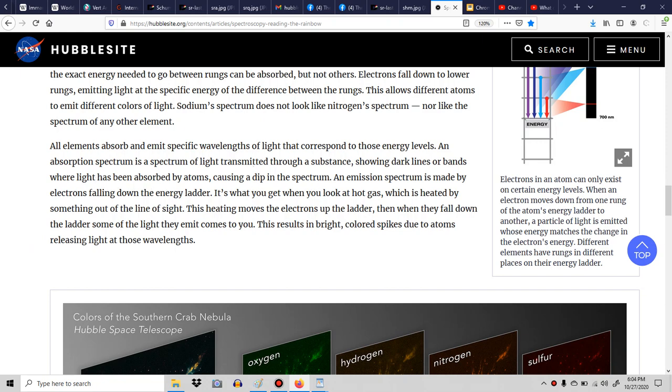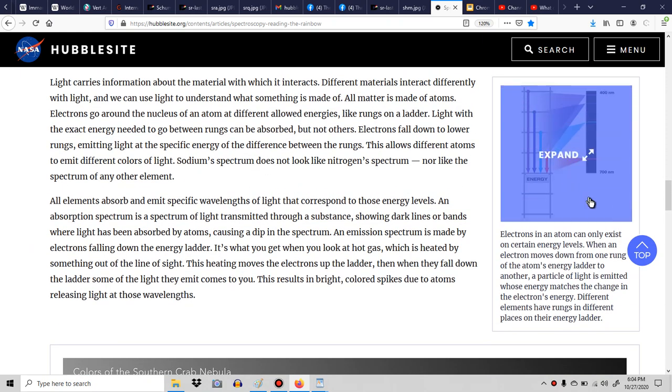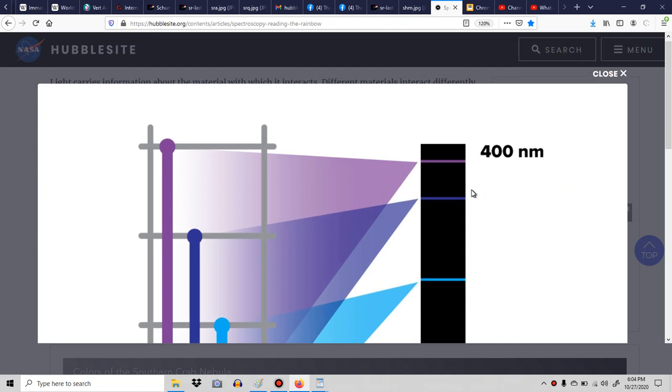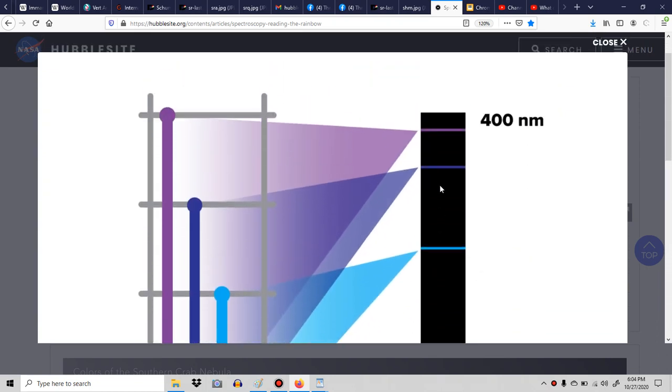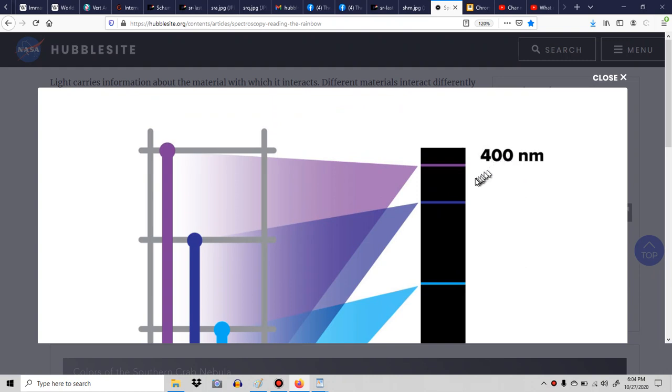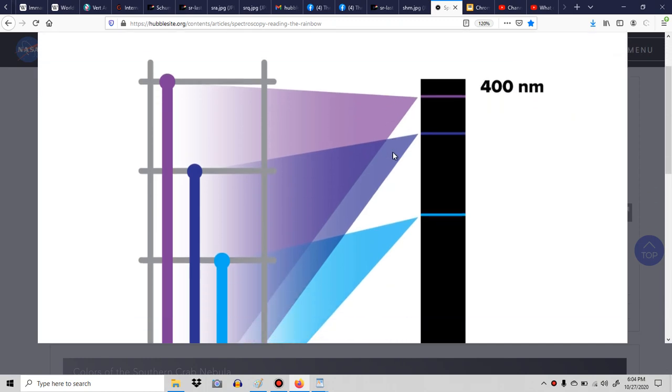Okay, and they give you a little chart here. Bam! Look at that. These are in nanometers. That's what these wavelengths are: tiny, tiny bits of light.